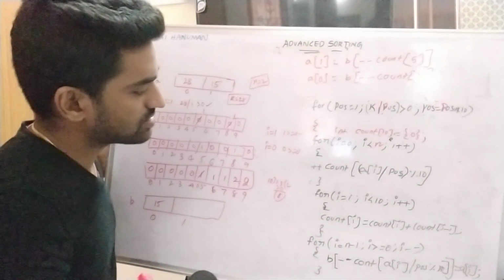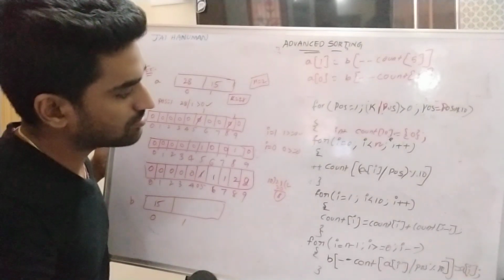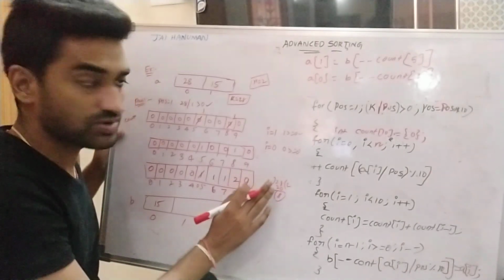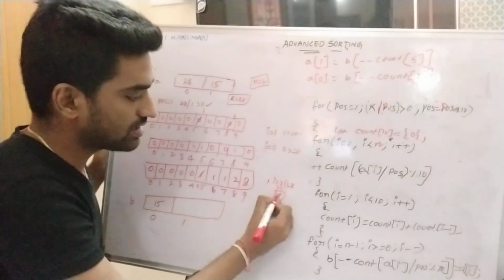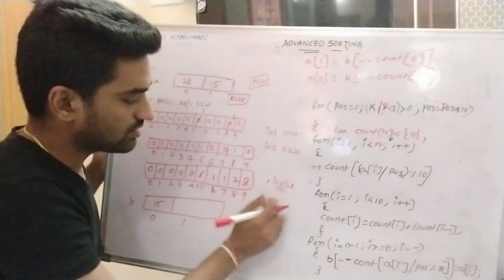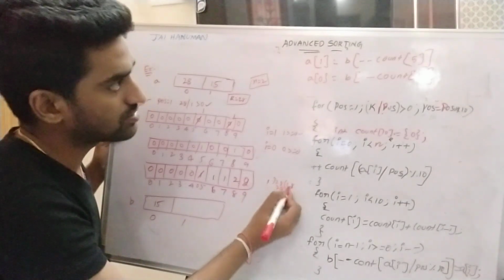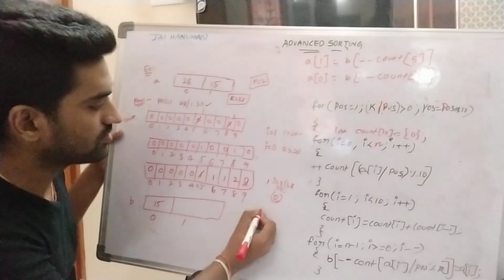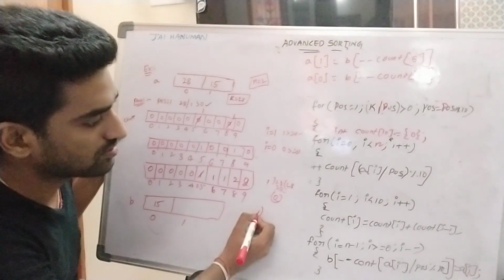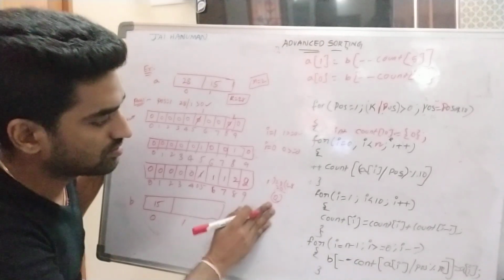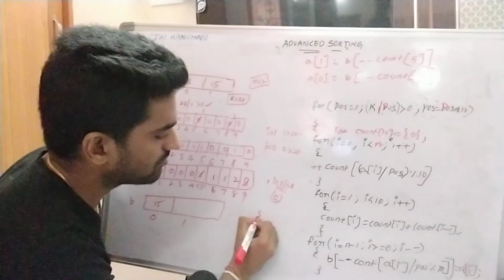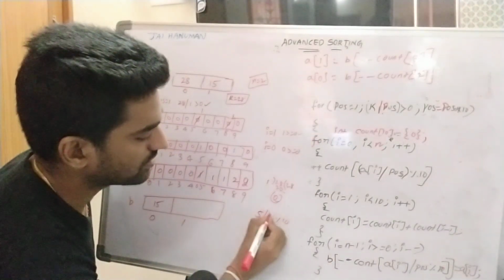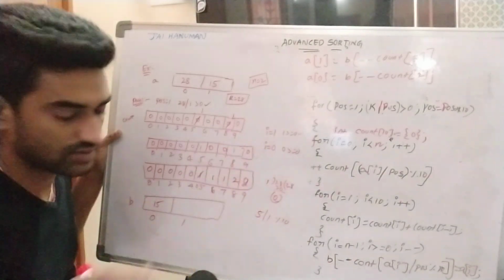So the A of I value is 28. So 28 by, the position is 1, not 10. Initially the position is 1. So 28 by 1 is 28. Previously I said 1, 5 by 1 is 5, 5 modulo division of 10 is 5, so that is correct.